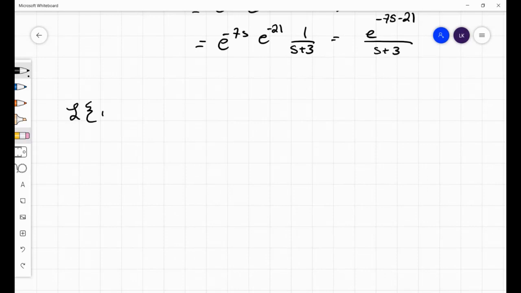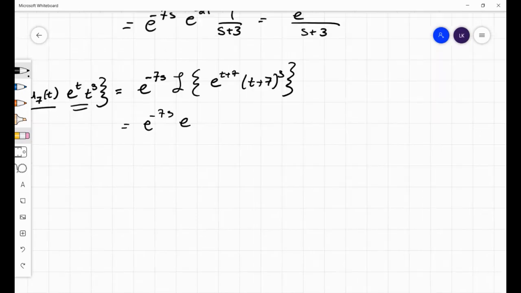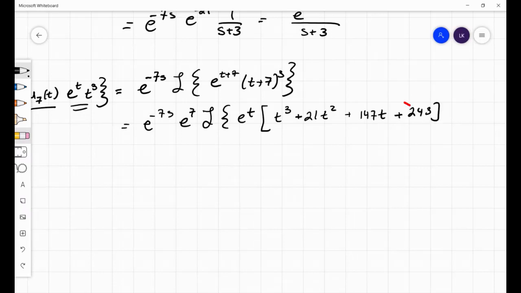So let's make this a little tougher. Suppose you have e to the t times t cubed, and the step function is going to become an exponential in the s domain. And we multiply by the Laplace transform of this, but at t plus 7. So using properties of exponentials, I can just bring out the e to the 7. And we have e to the t times this business, so that's going to be t cubed plus 21 t squared plus 147 t.